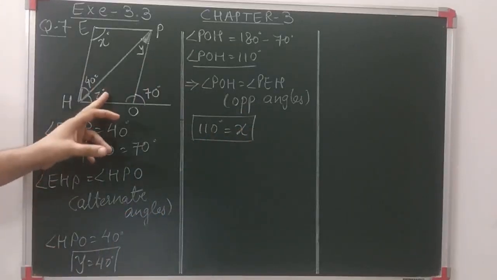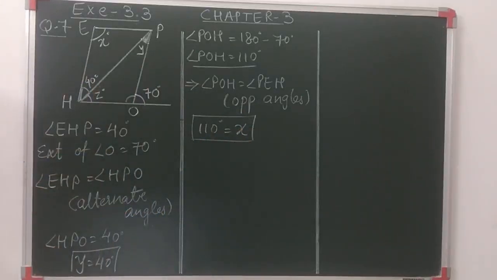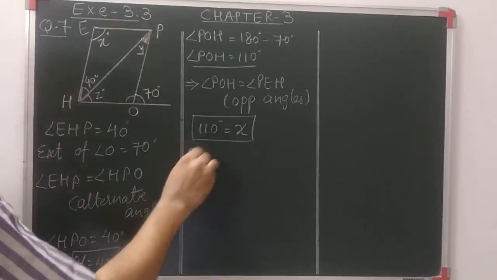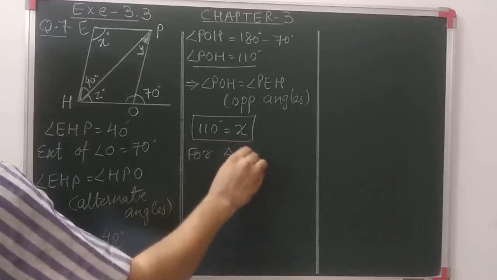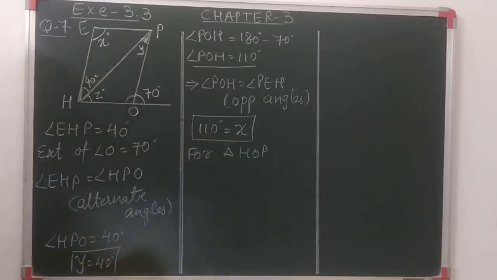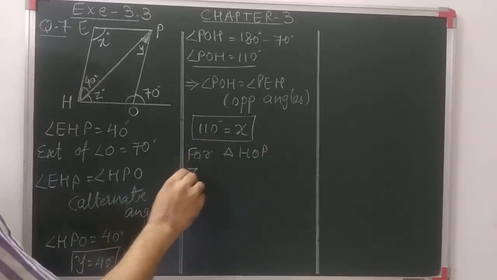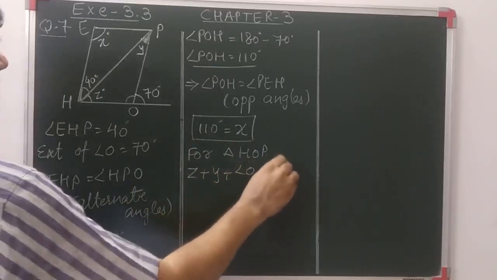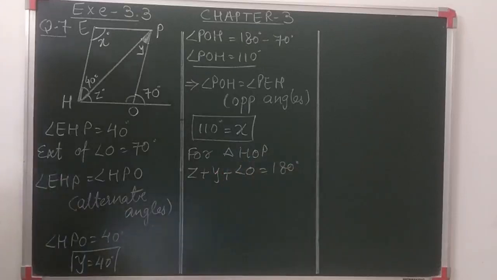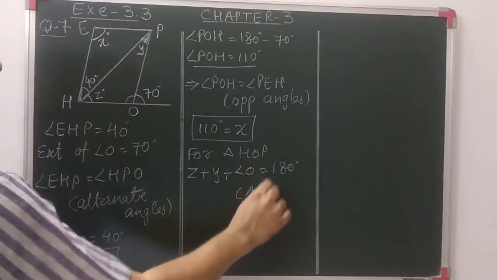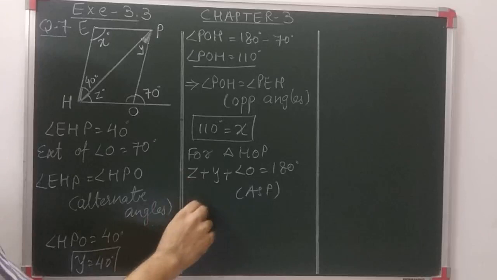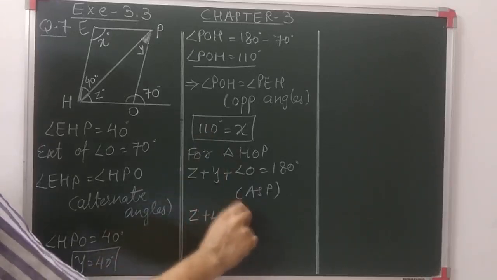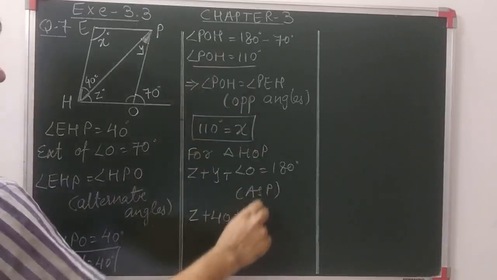Now let's find out z. You can see this is a triangle OPH. For triangle HOP, I'll use the angle sum property. So z plus y plus the interior angle of O is 180. I've used the angle sum property of a triangle. We have to find z, y we obtained, that is 40, and angle O we also obtained, that is 110.